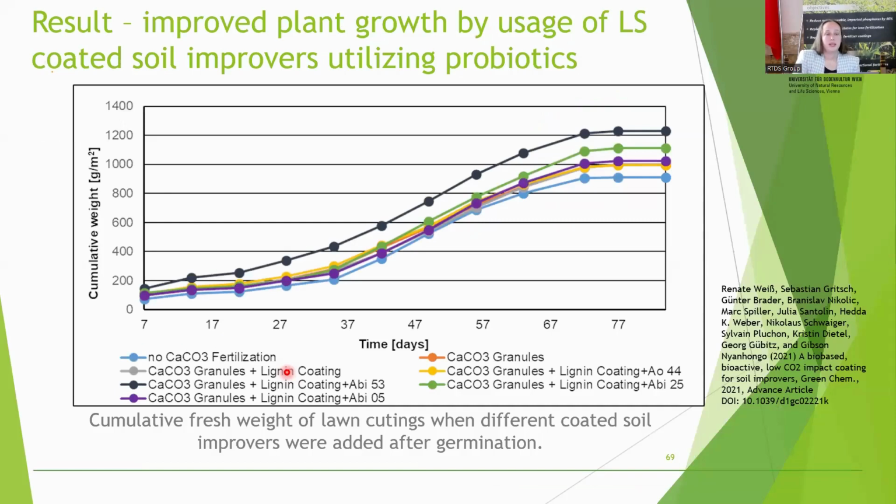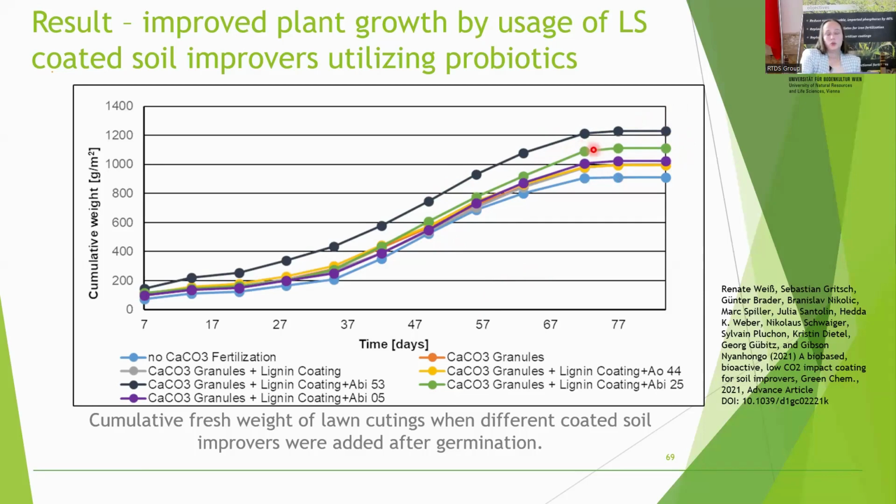And then we added the probiotics, so microorganism strains that are known to help the plant root system take up nutrients and heighten the nutrient availability in the soil. So therefore we tested different strains, and this was done on lawn. And through measuring the lawn cuttings, we could show the increase of the plant growth and the yield on the lawn cuttings, especially with the strains AB53 and AB25.